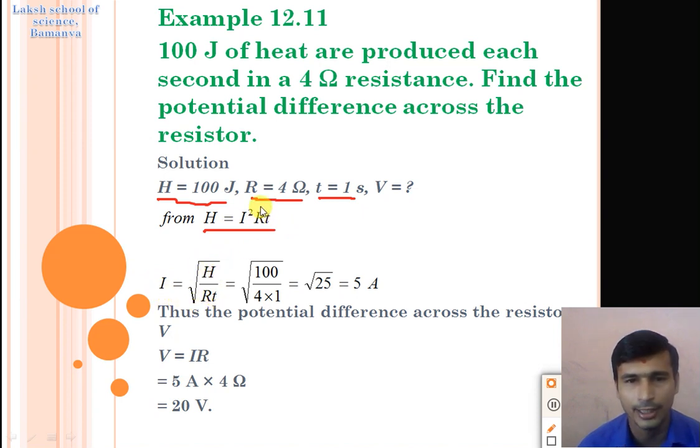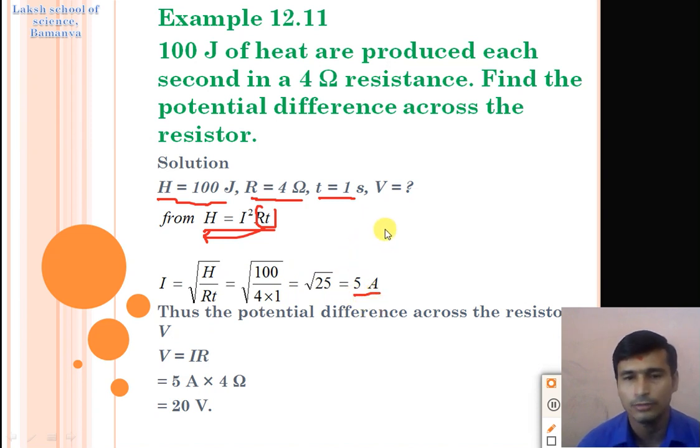Here RT is in the division, and if we remove the square, we place a square root. So the value of H is 100, divided by the value of R, which is 4, multiplied by T, which is 1. So we get the square root of 25. So the electric current passing through the resistor is 5 ampere.